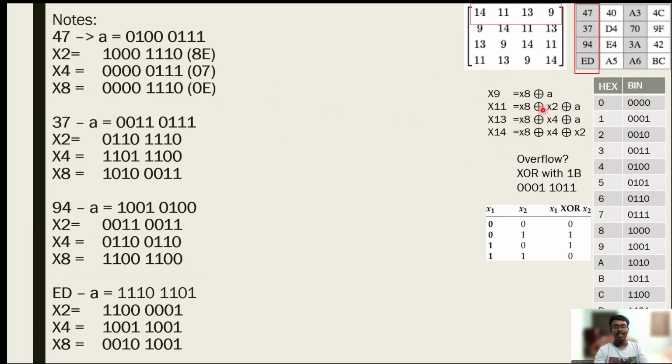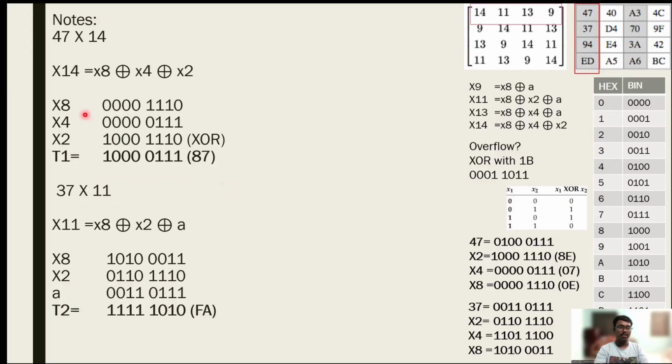So for 11, we have x8, x2, and a. We XOR these together and we are going to get this answer. Let's see. So as I said, we are going to multiply 47 with 14.